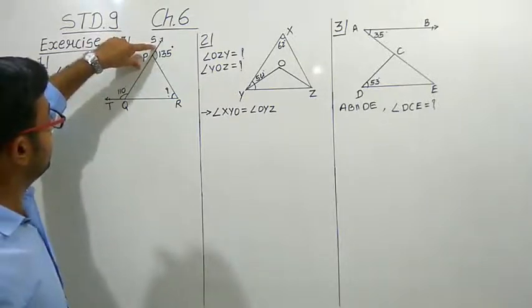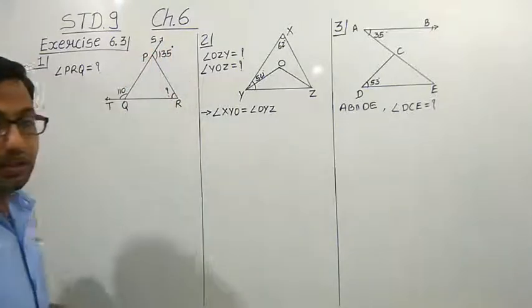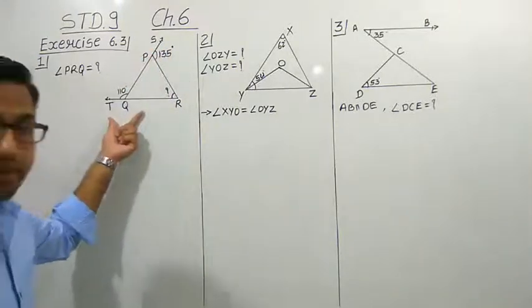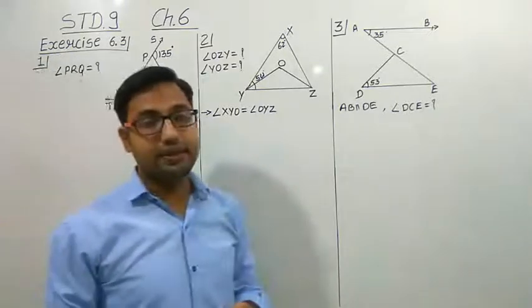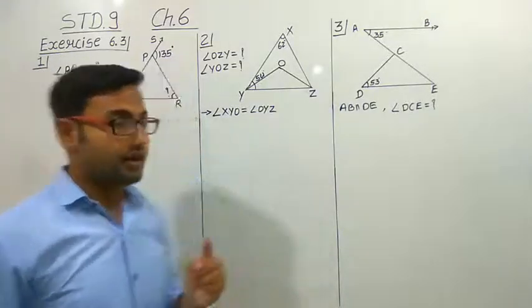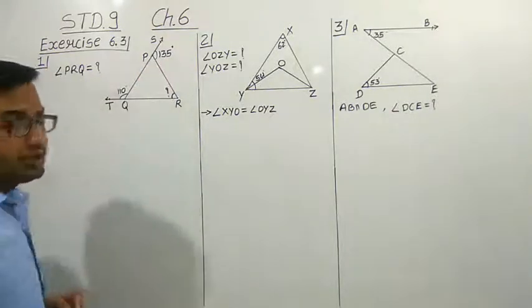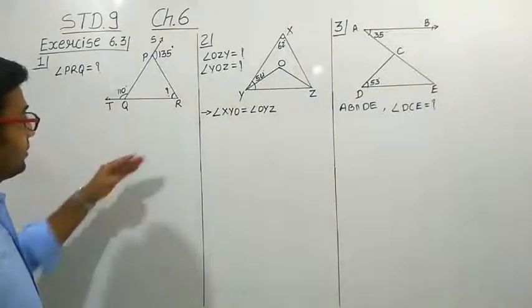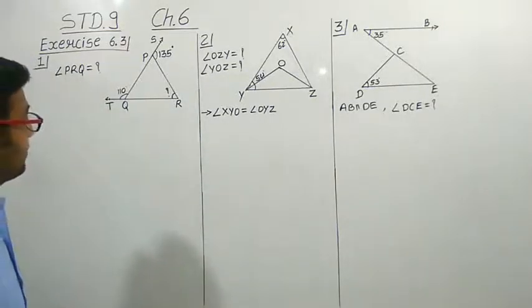If we apply linear pair, then we can get this angle P. In the same way, here also we can apply the linear pair concept. We can get this angle, and then we apply the angle sum property of the triangle. That is, these two angles are known, and we can find out this angle, because the addition of all three angles must be 180 degrees. So this is the first method.